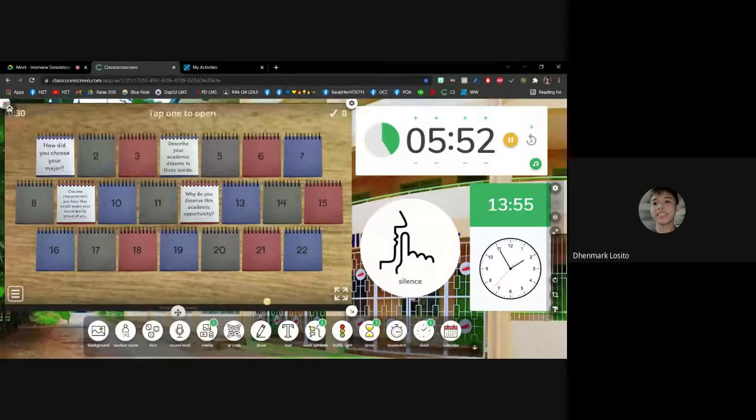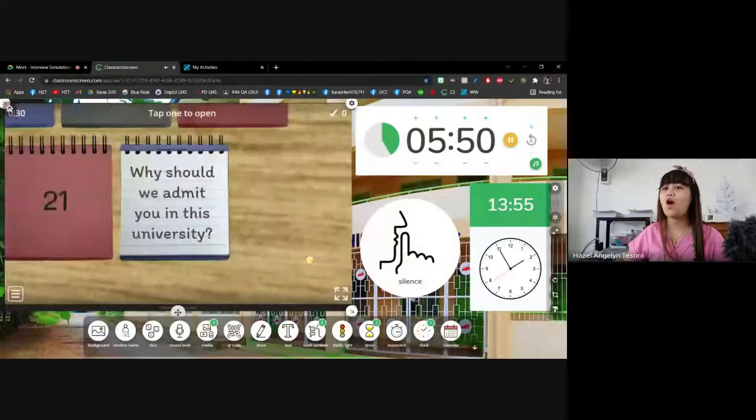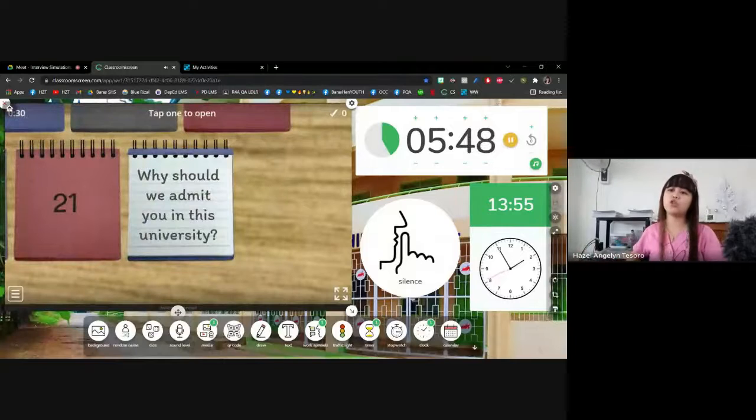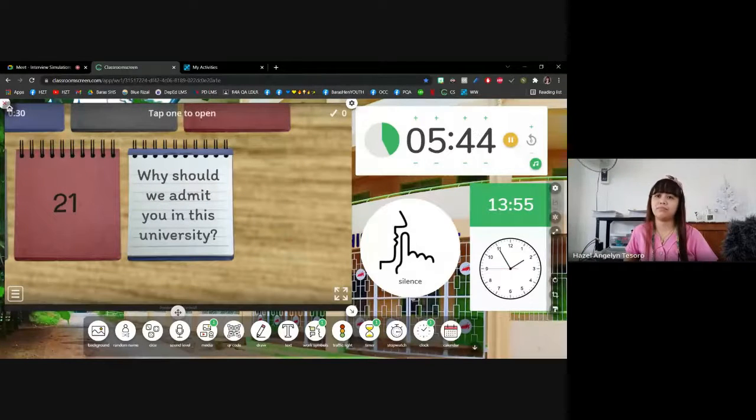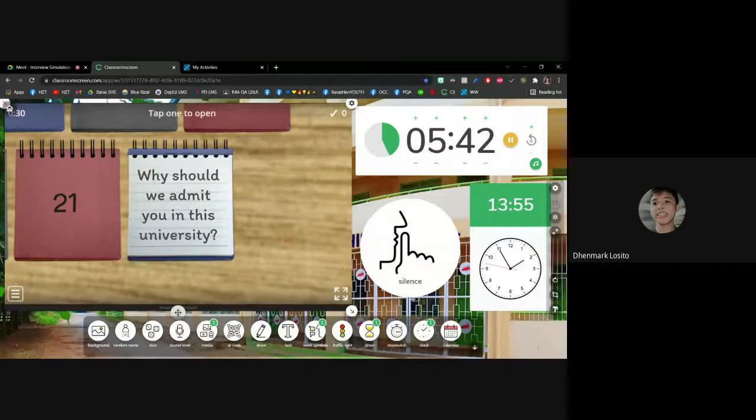22 po. 22. Why should we admit you in this university? Because first I am really sincere of what I am doing, and I am confident to say that I am really a hardworking person.